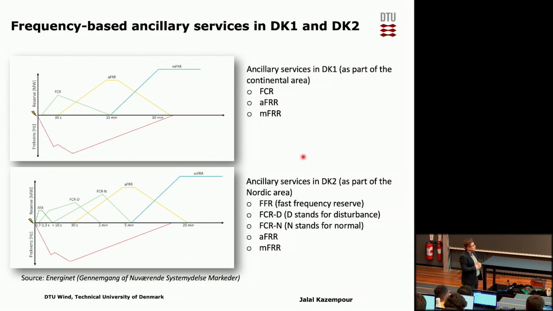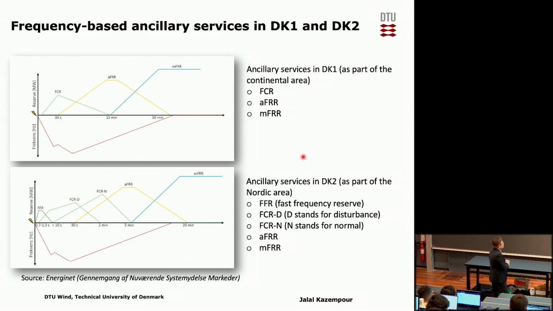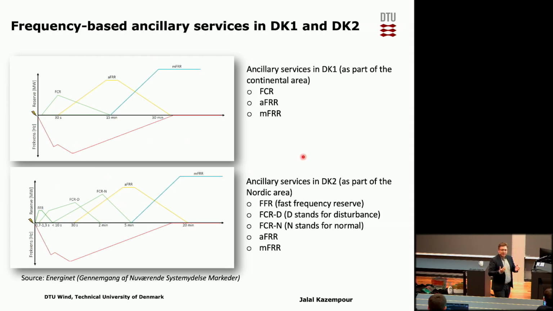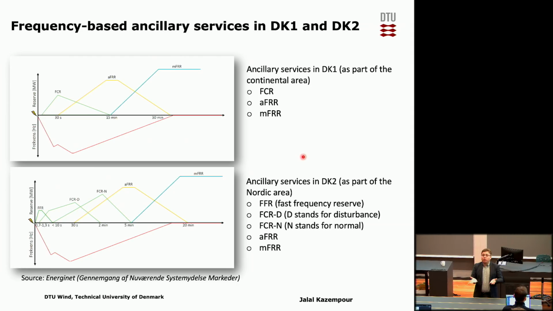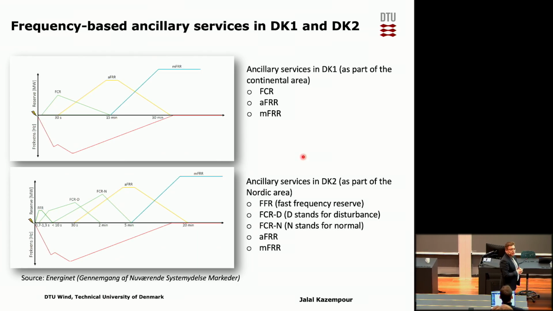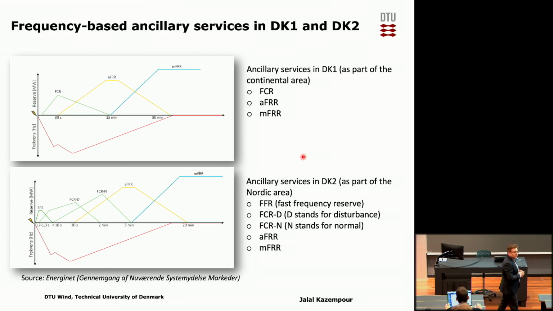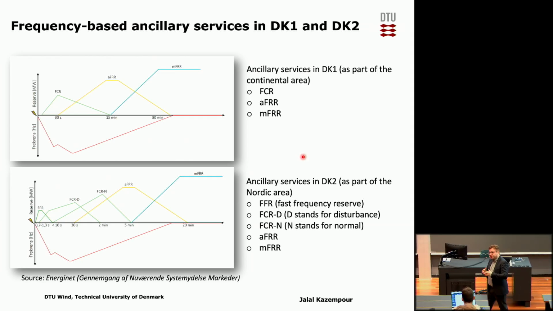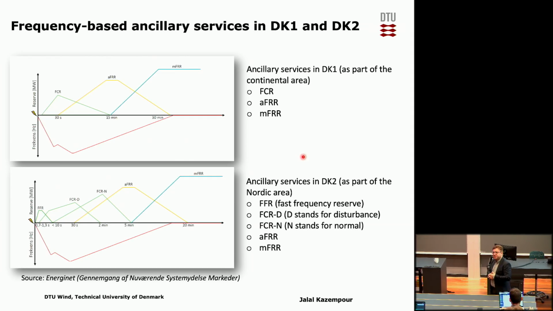The lower plot shows ancillary services in the Nordic area. It's a smaller system, also with high penetration of renewables, including hydro, wind, and solar, and that's why you can call it a low inertia system. That's why we need more balancing services to keep the system stable.